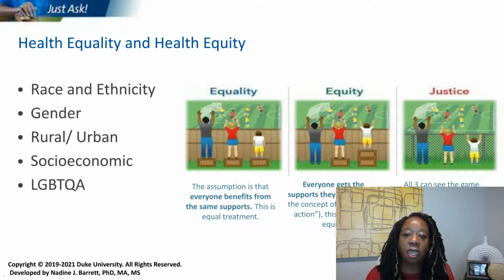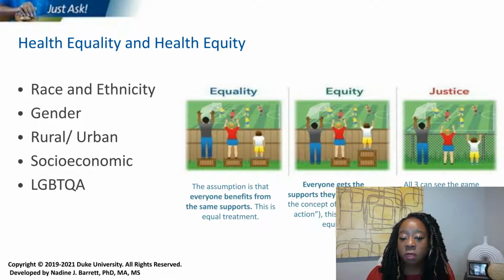When we look at these stereotypes, these experiences and these poor health outcomes along the lines of socioeconomic status, race, rural, urban, LGBTQA populations, we tend to find that people in rural communities, sex and gender minorities, underrepresented race and ethnic groups, and women and other gender groups most certainly experience worse outcomes as it relates to cancer and other chronic diseases as well.